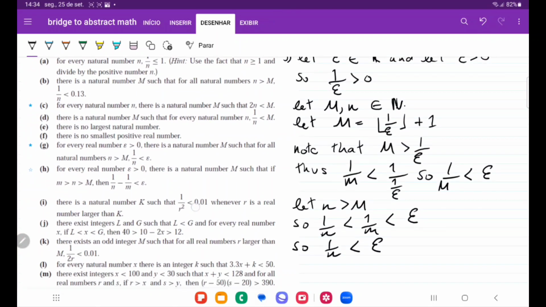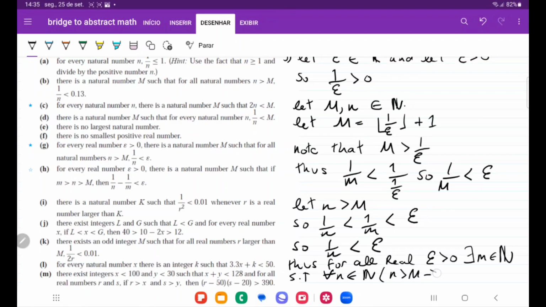And our conclusion is going to be: thus, for all real epsilon greater than 0, there exists an m belonging to the set of natural numbers such that for all n belonging to the natural numbers, we have that if n is greater than m, it implies that 1 over n is going to be less than epsilon.